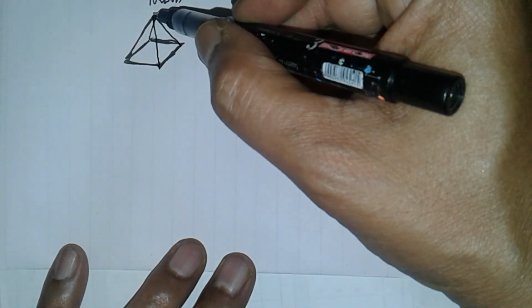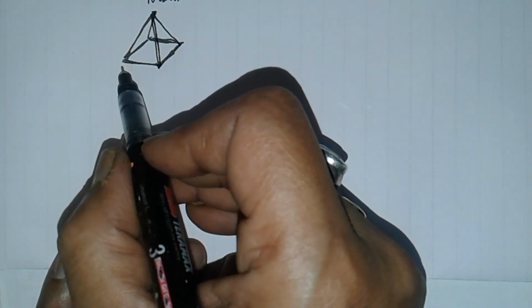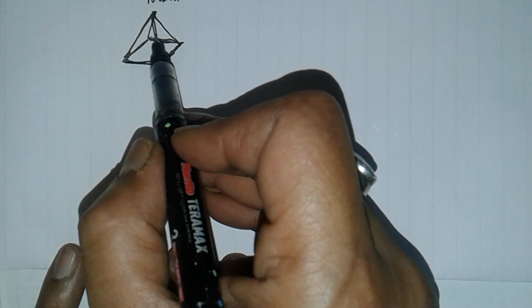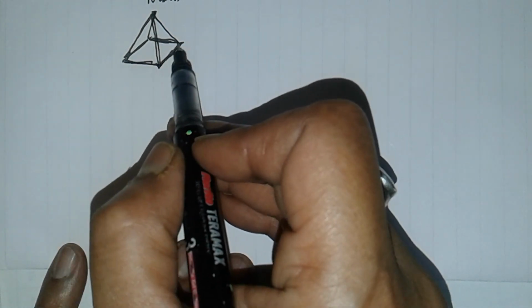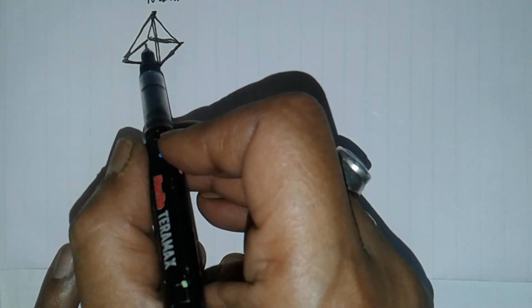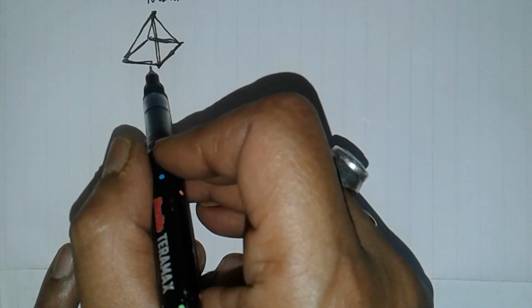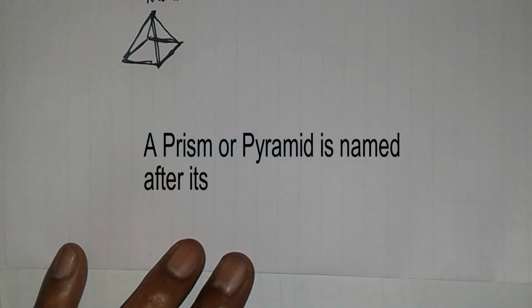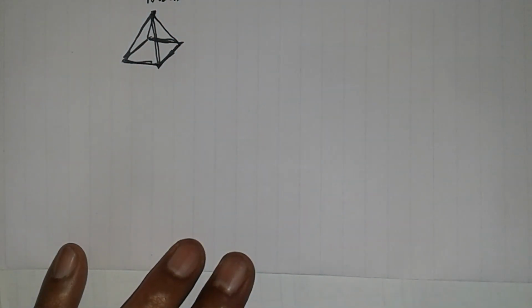If you join with this point, these are all triangle shapes. So this is a pyramid where all the sides are triangles. A pyramid is named after its base. So if the base is square, the pyramid will be a square base pyramid.